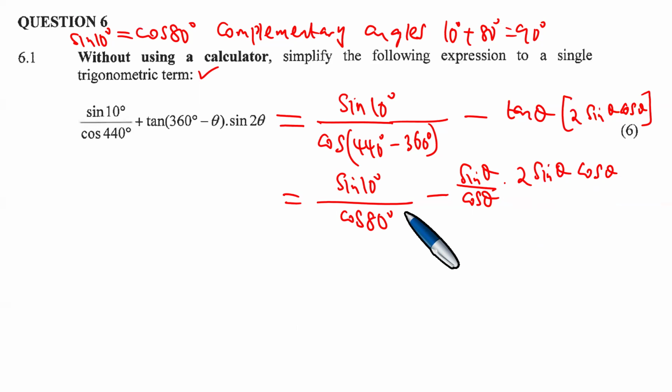Then you cancel the cos theta. We cancel the cosine of theta, so this one cancels out, and then what do we achieve? Then we get negative 2 sine squared theta.